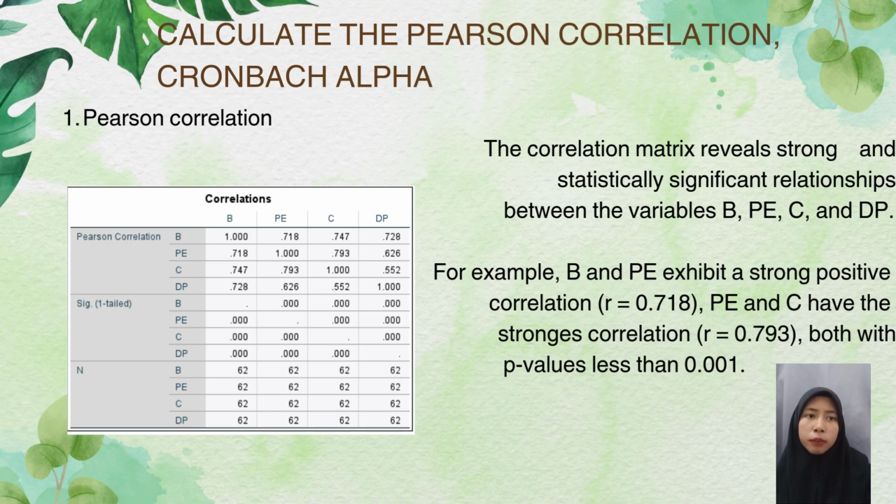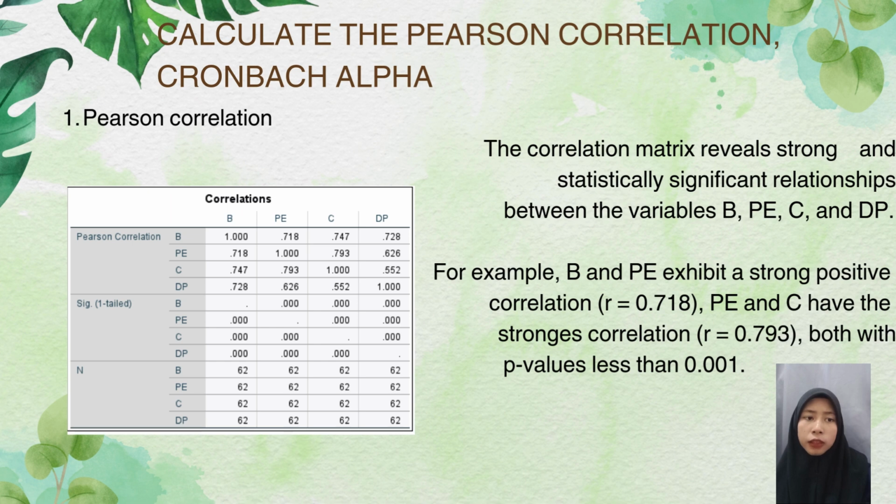Let's calculate the Pearson correlations and Cronbach's alpha. Okay, based on the data we collected, the correlation matrix reveals strong and statistically significant relationships between the variables BI, PE, C, and DP. For example, BI and PE exhibit a strong positive correlation, with R equal to 0.718.